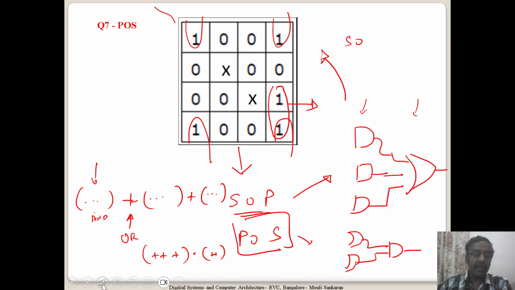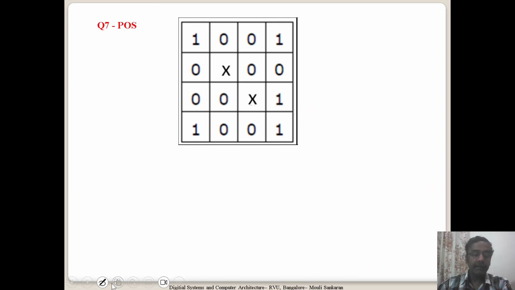Now, let us erase all this, and now let us look at the terms in product of sum form. That means I will be using the zeros. So all the zeros should be considered. So maybe I can do this one, because maximum I need to take care of the zeros, and then I can take care of this.